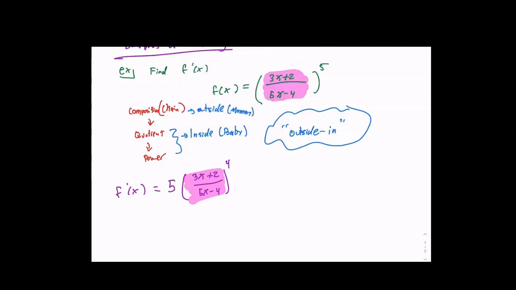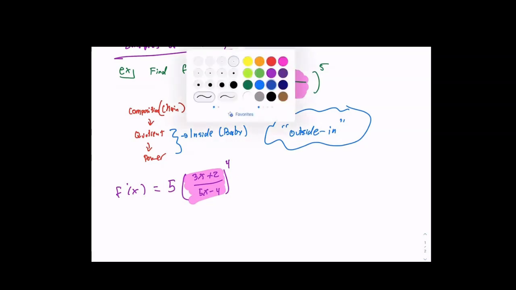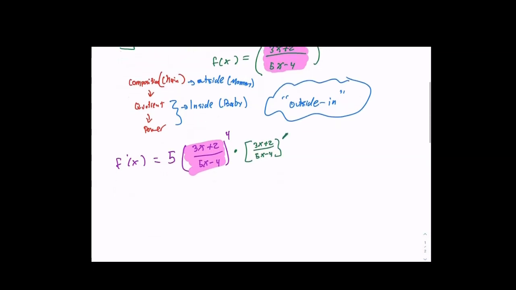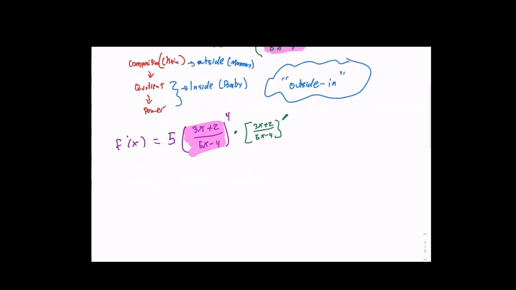Sometimes what can be helpful for you when doing these problems is to write it as times (3x plus 2 over 5x minus 4) prime. You don't have to write it with this notation right here, but it sometimes can help you organize your thoughts.